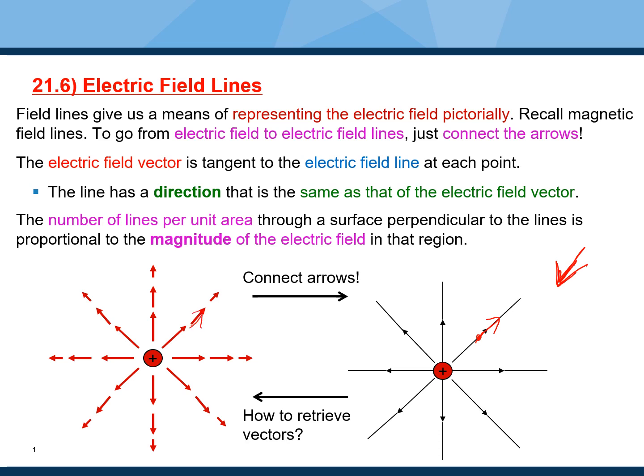So we make the connection that the electric field vector is tangent to the electric field line at any point. That gives us the direction of the electric field vector. But realize that a vector has magnitude and direction. So how do we retrieve the magnitude of the electric field vector when you have a depiction of the electric field lines?